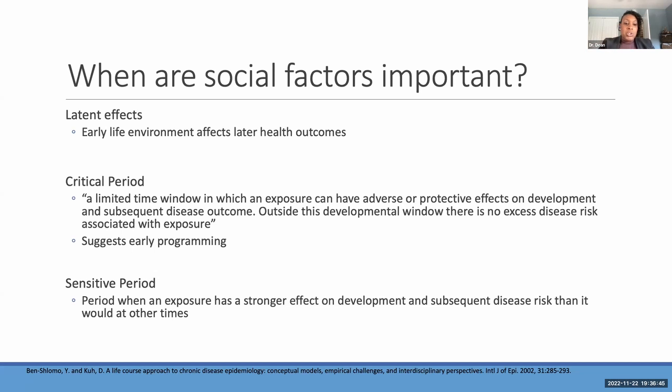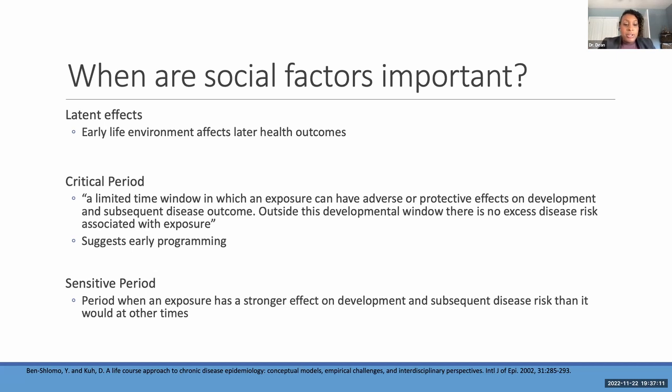That's a period when an exposure has a stronger effect on development and subsequent disease risk than it would at other times. So for example, a sensitive period example might be lead exposure. If you have lead exposure when you're very young, it has very negative effects on cognition throughout childhood and adulthood. But it's particularly detrimental when you have lead exposure when you're ages 1 through 3.